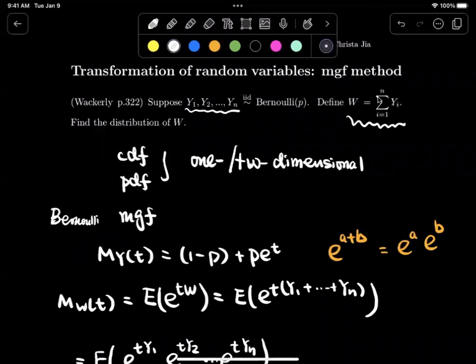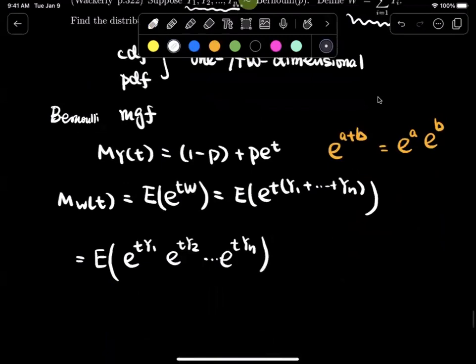And let's notice a very important detail here. y1 through yn, they're IID, so they're all independent. And if the random variables are independent, the expectation of the product is equal to the product of the expectations.